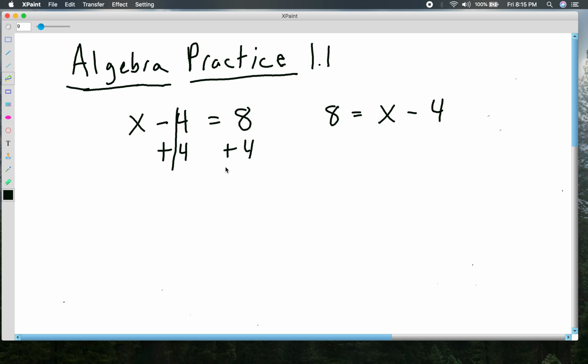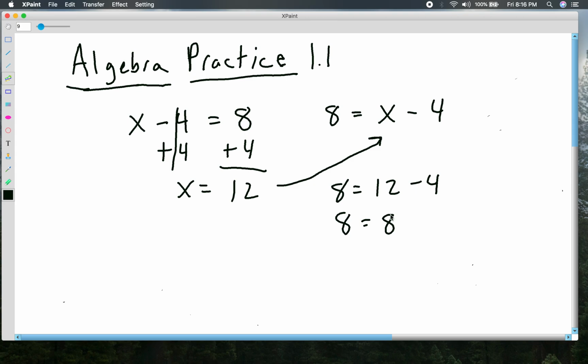Remember our number line thing. 8 plus 4 is 12. x equals 12. Let's plug it back in. x is 12. If we plug that into this side the way we wrote it, 8 equals 12 minus 4. 12 minus 4 is 8. 8 equals 8. There you have it. So that's just another practice one.